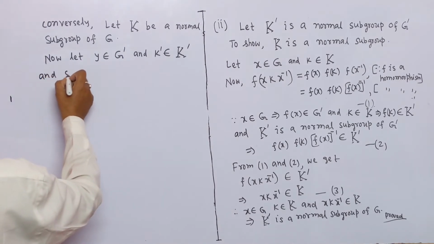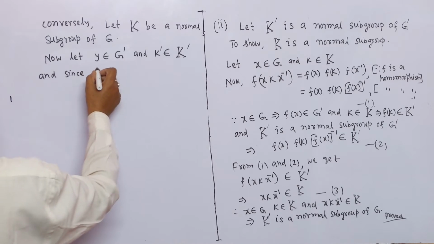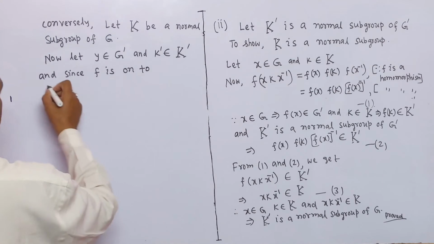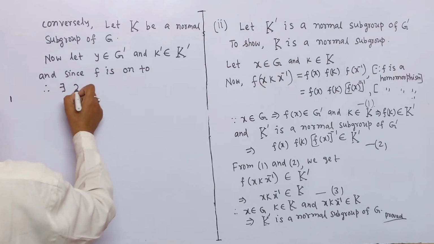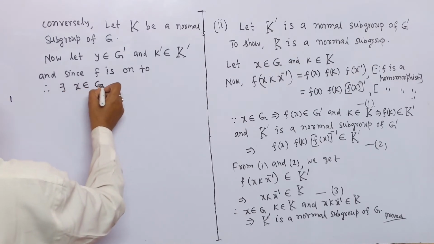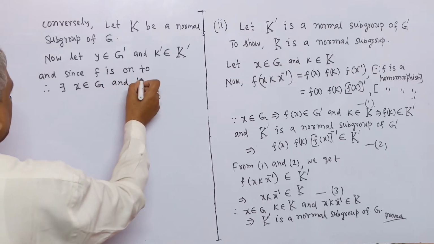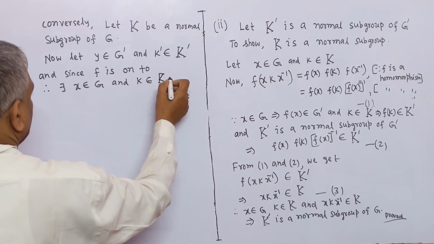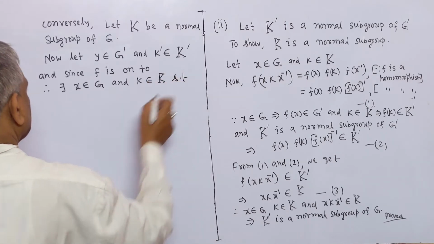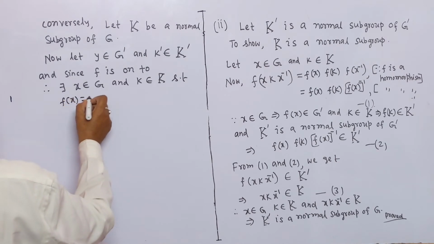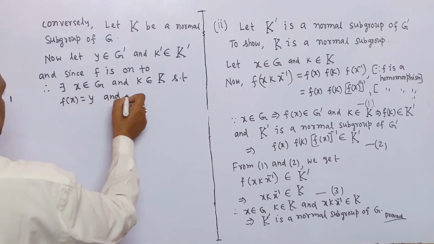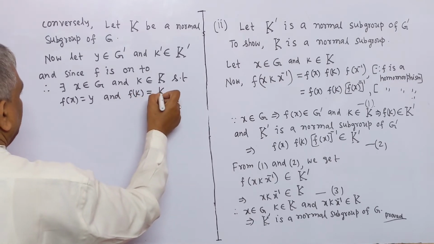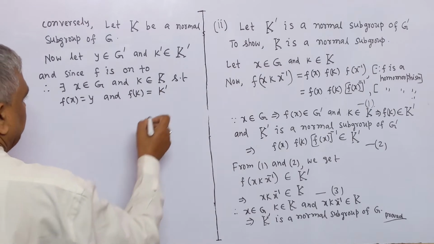Since f is onto, therefore there exists x belonging to G and k belonging to capital K such that f(x) equals y and f(k) equals k'. Let this be number 4.